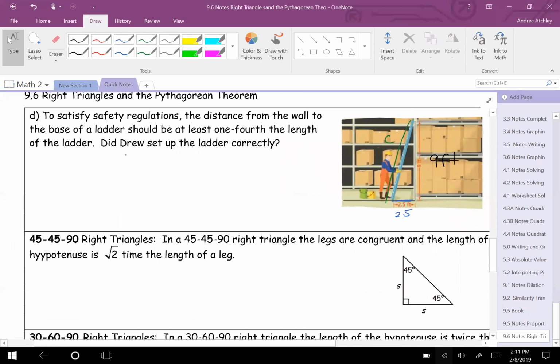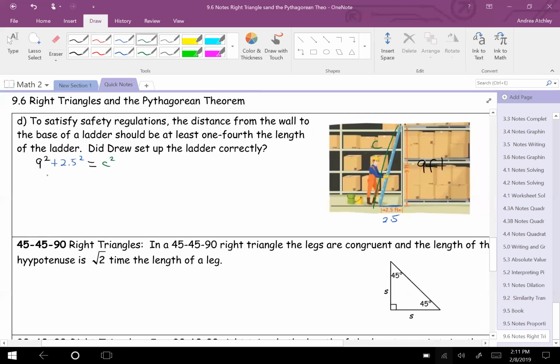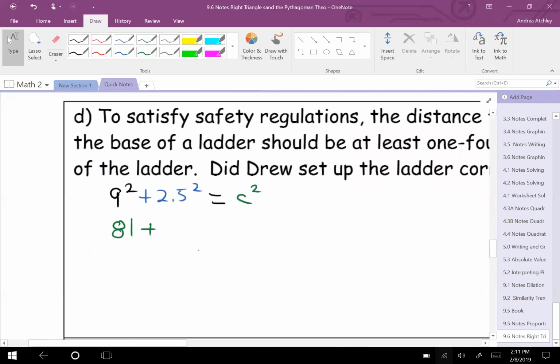Let's start by finding the length of the ladder. So we have 9 squared plus 2.5 squared equals the c squared. So this is 81 plus 6.25 equals c squared.